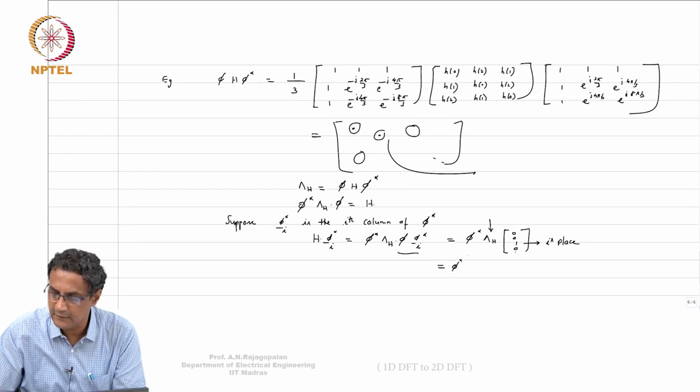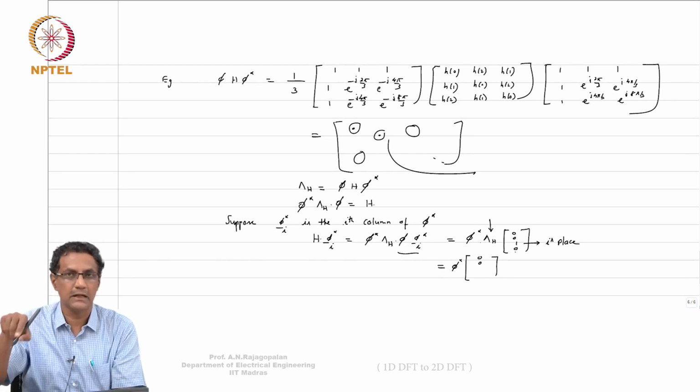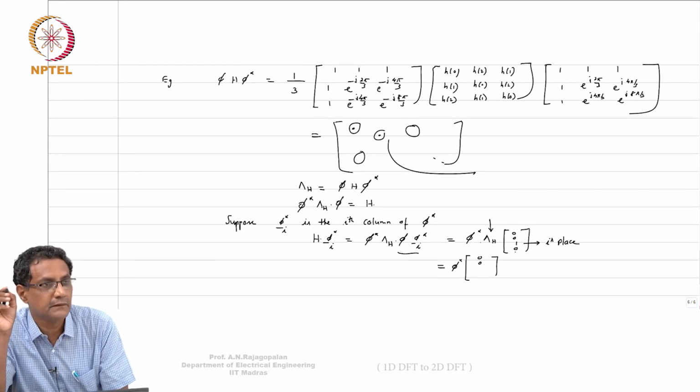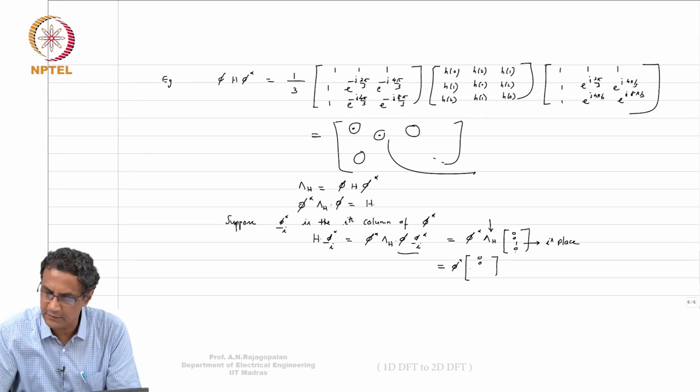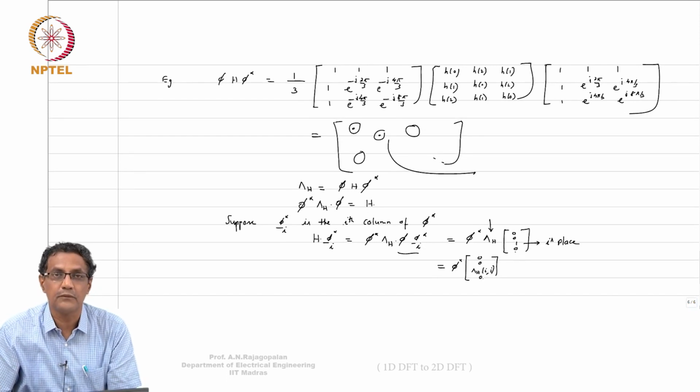Phi star, again all zeros, except that here you will get one entry. What will that entry be? Delta H is diagonal, so delta H i comma i, or you can call it lambda, whatever you want, and then 0.